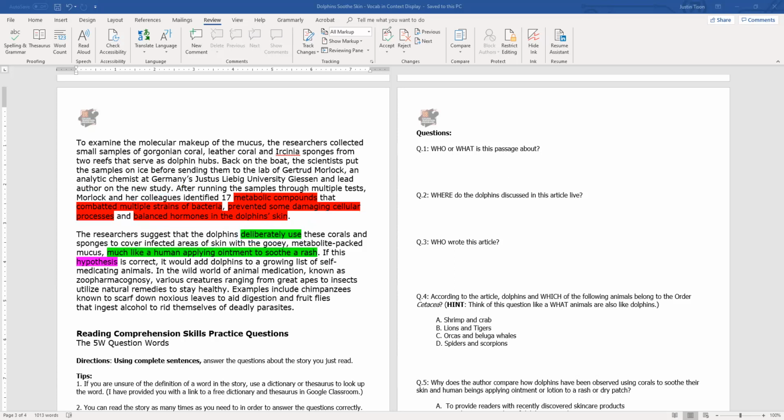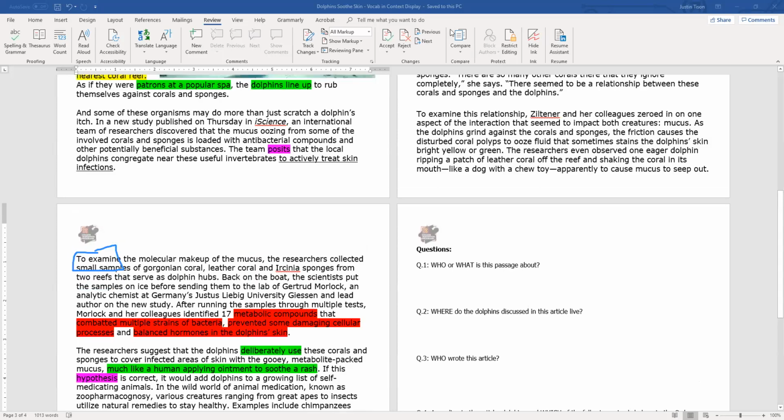I hope this is helpful for y'all. I have hypothesis and posits highlighted in purple for you because those words are very important for your science test. Hypothesis is something you're going to be asked about a lot. What is a hypothesis? A hypothesis is really a testable inference.